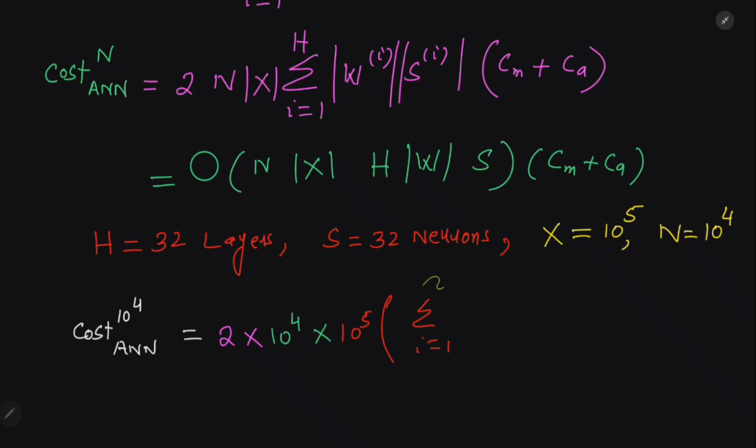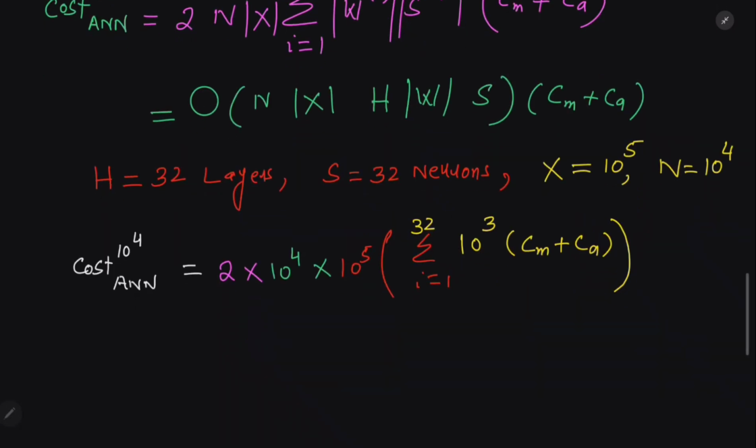There are 32 layers, calculated excluding the input. And how many weights are there? We have weights, for example, 10 raised to power 3, and we have C_M plus C_A. We keep this as a constant since it depends on the software or your computer, laptop, or PC.